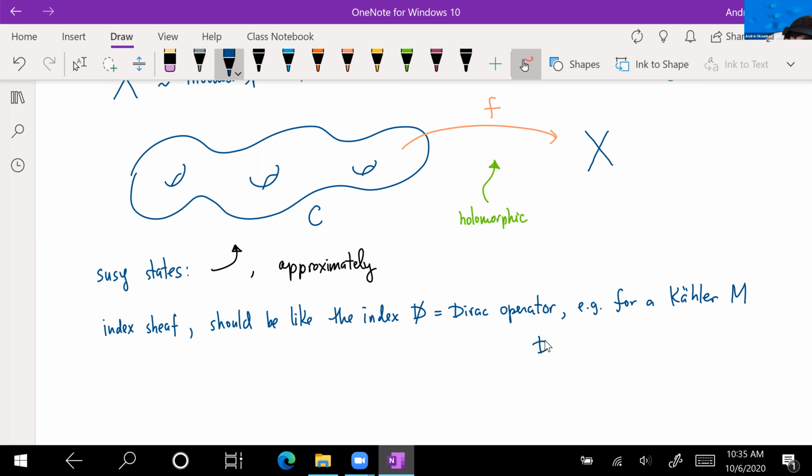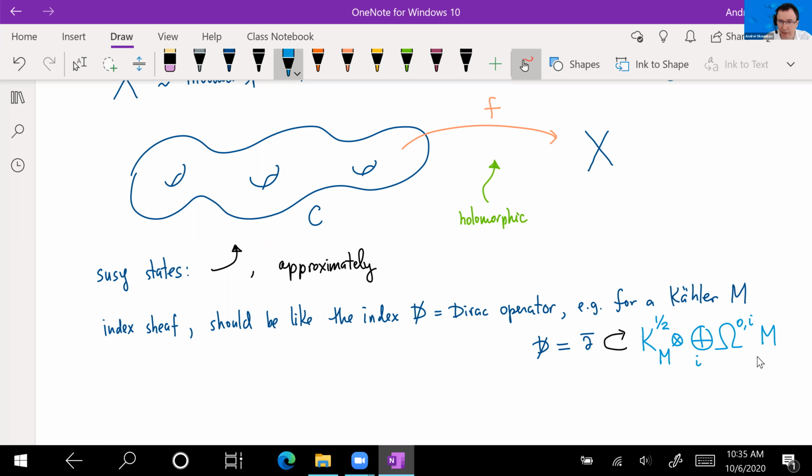then the Dirac operator is the d-bar plus d-bar adjoint operator, operating on the square root of the canonical bundle of M, tensored with the direct sum over i of Ω^{0,i}(M).